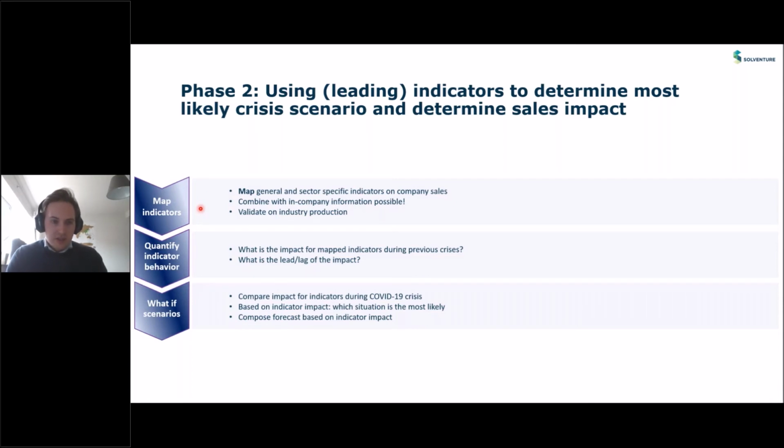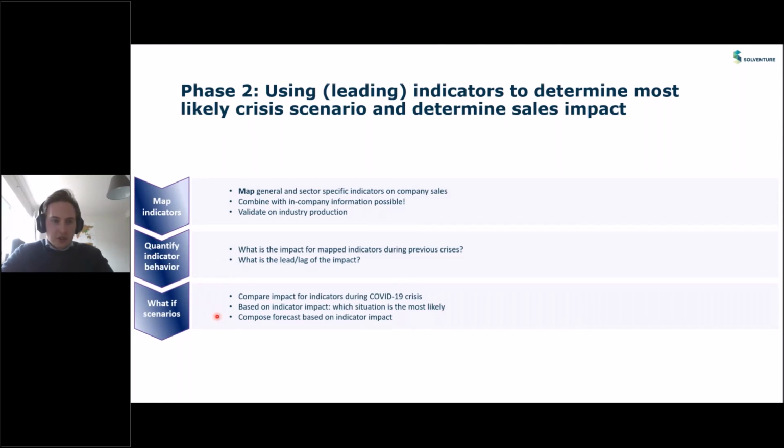For example, that's GDP growth, the consumer sentiment, and we checked those indicators during previous recessions. And we checked the values of those indicators now. So in February and in March, for example, in China, you could see the impact on those indicators. And using those values, we can make some estimations on which scenario is the most likely one to be.